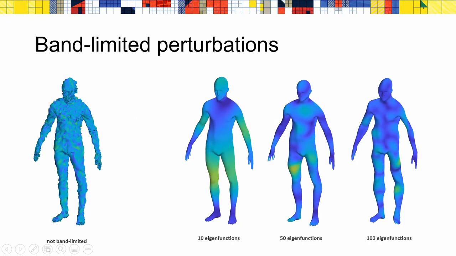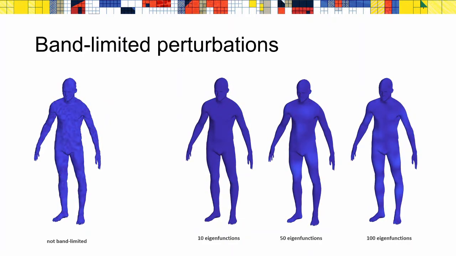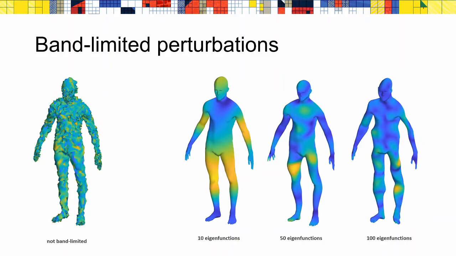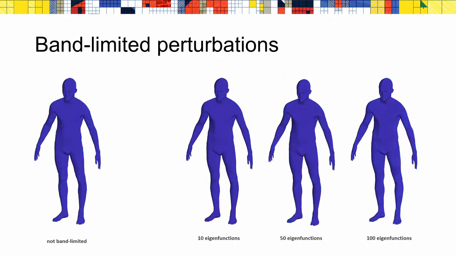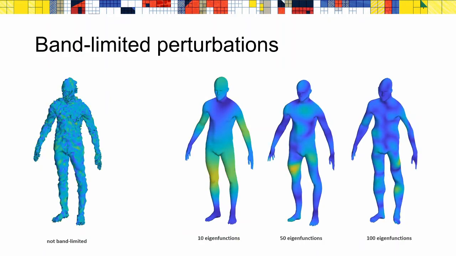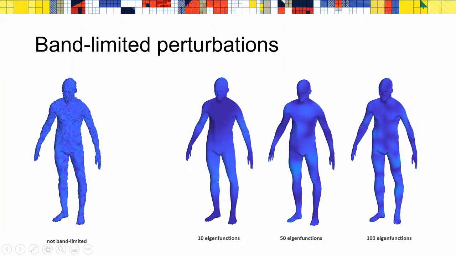In our setting, we exploited this truncation property by considering a perturbation as three scalar functions, one for each coordinate dimension, and then by applying the truncation of the eigenbasis in order to achieve the desired smooth perturbation. Here on the left, we can see a random perturbation on all the vertex positions. This perturbation is very noisy and doesn't preserve the local surface.